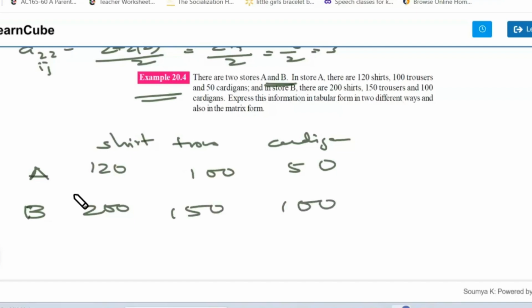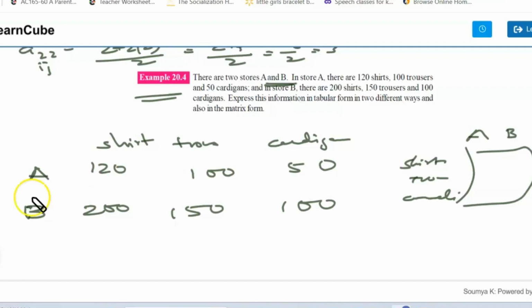In this case, you have to express it in tabular form. So this is one tabular form, and also you can write it the opposite way, where A and B come as columns and shirt, trouser, cardigan are written on the left side, and fill the values. That is another form.